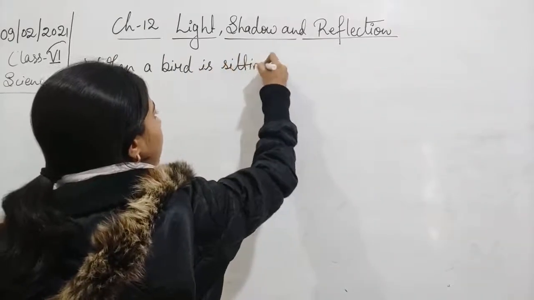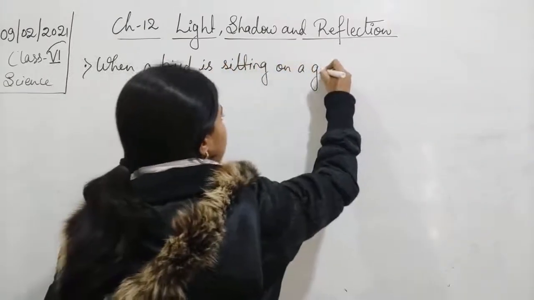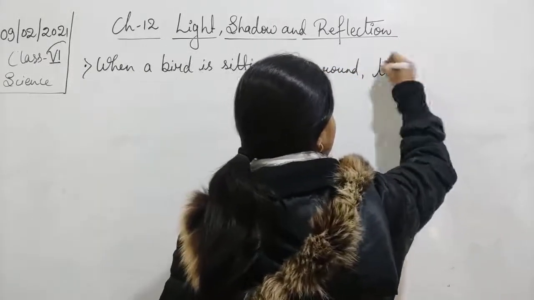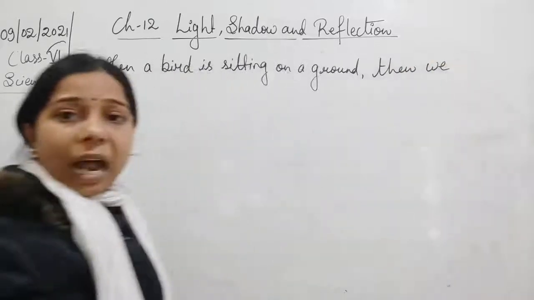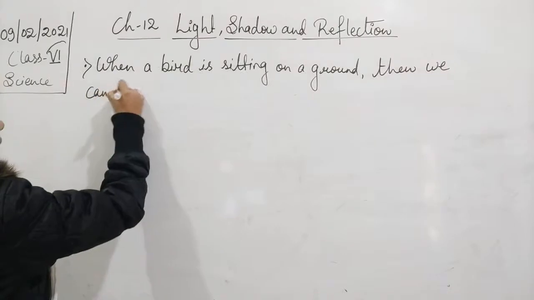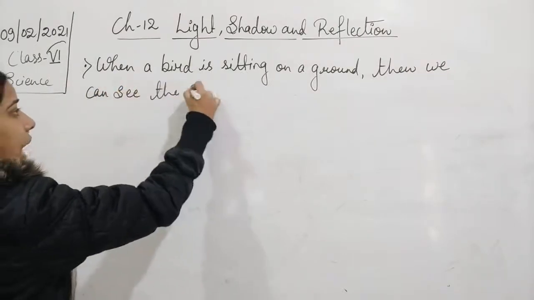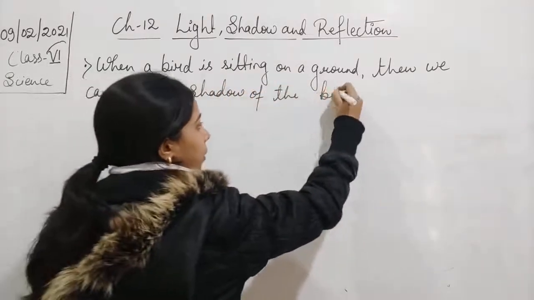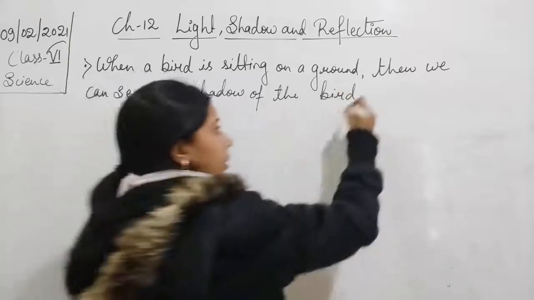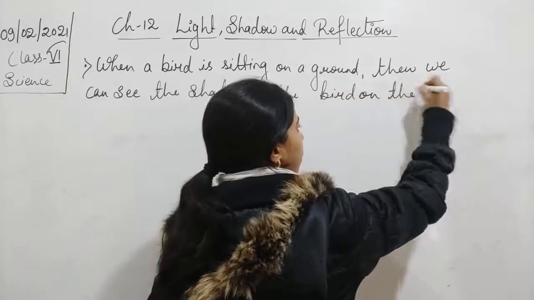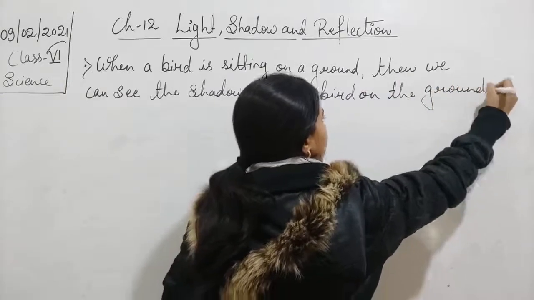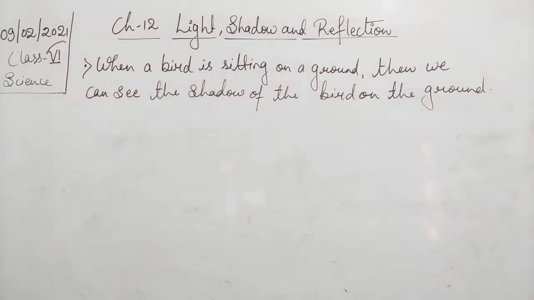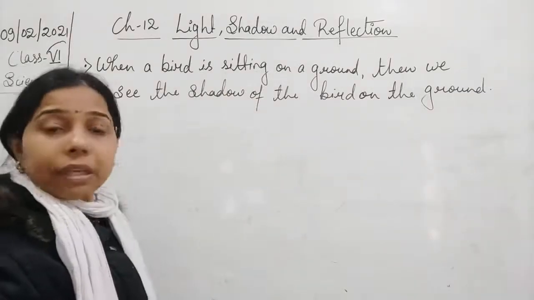So we can write here the first thing: when a bird is sitting on the ground, we can see the shadow of the bird on the ground.